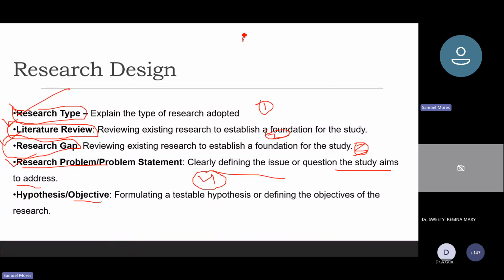It should start with the research problem, and from that, research questions. From research questions, you should write research objectives, and from research objectives, you should come up with the hypothesis.